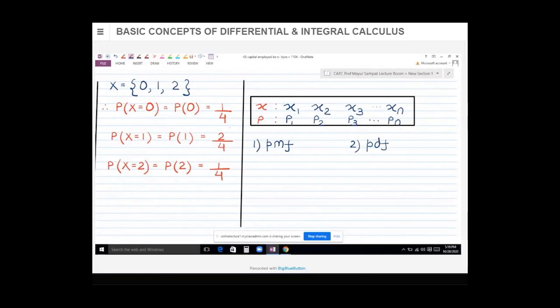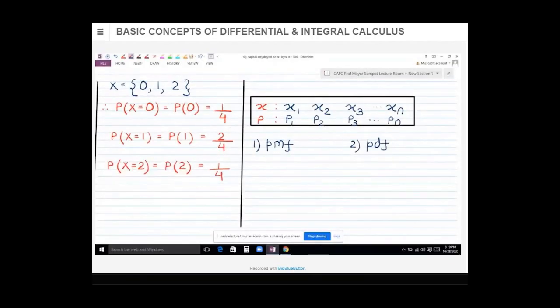अच्छा भाई लोग मुझे जरा ये बताओ कि व्हाट इज द डिफरेंस इन द प्रोबेबिलिटी मास फंक्शन एंड प्रोबेबिलिटी डेंसिटी फंक्शन. पता है बेटा तुम लोग को दोनों के बीच में बड़ा क्या डिफरेंस है?